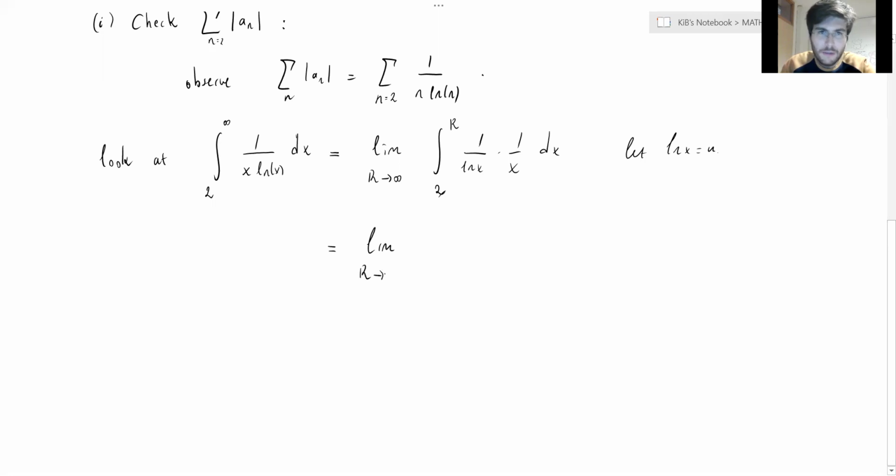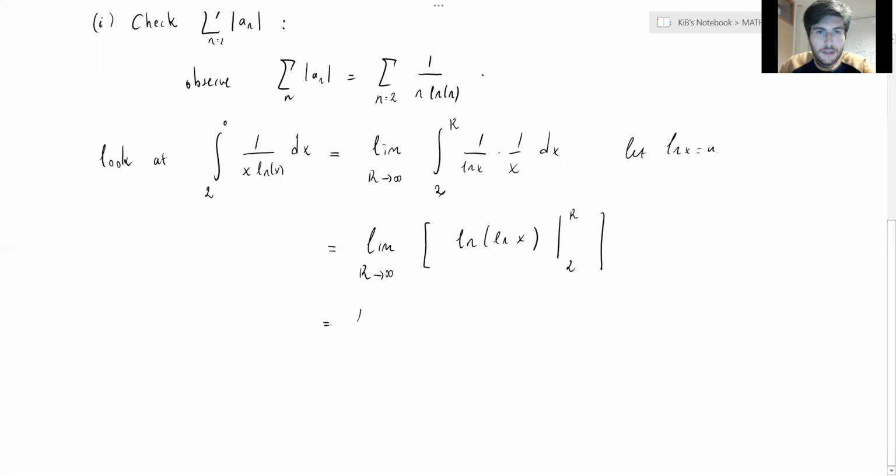I just skipped this part. This is the usual integration trick. What you have is ln of ln x, which is your antiderivative, since when you differentiate this thing you end up with the integrand.